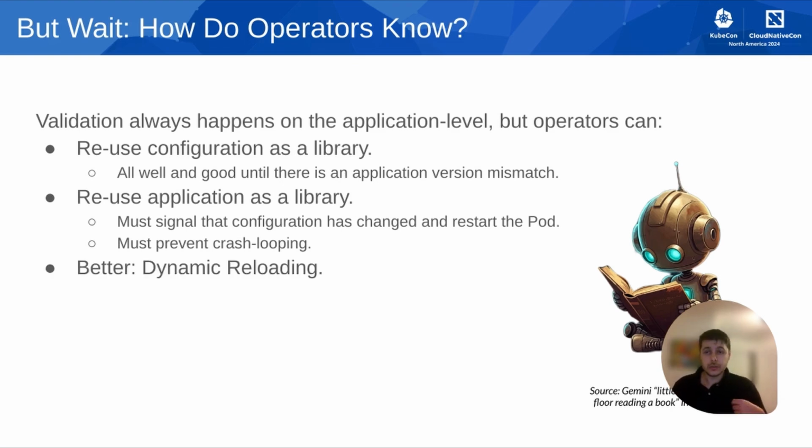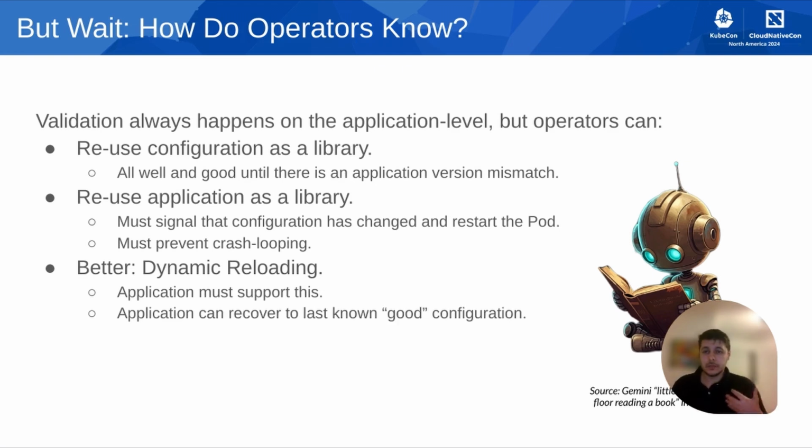An even better solution is if the application had some support for dynamically reloading the configuration. So this is that file system launcher approach that I mentioned earlier. The problem here is that your application must support this, right? So if you don't have this, then you have to look for other solutions.